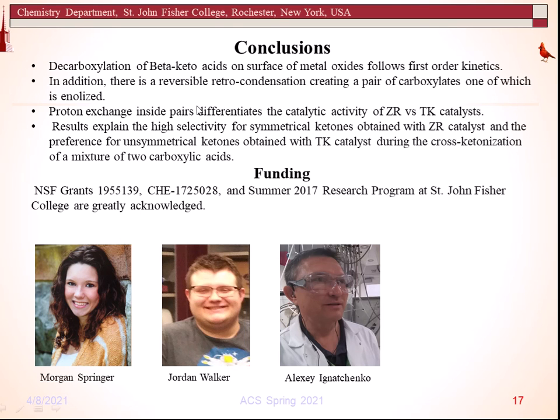They engage in that proton exchange, and that differentiates the catalytic activity on zirconia and TK catalysts. Those results explain high selectivity to symmetrical ketones with zirconia catalyst, and high selectivity to unsymmetrical ketones with the TK catalyst for the cross-ketonization of a mixture of two carboxylic acids.